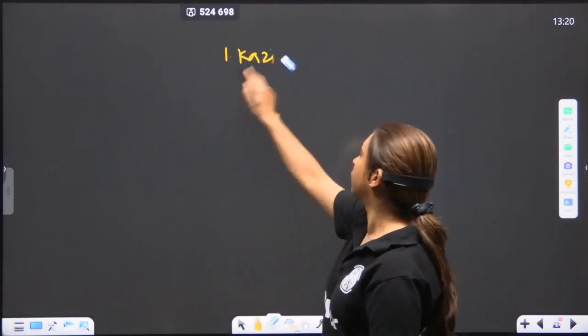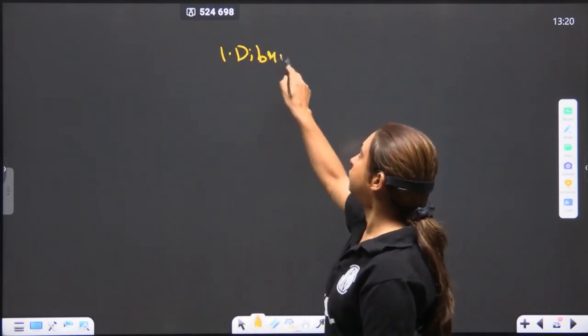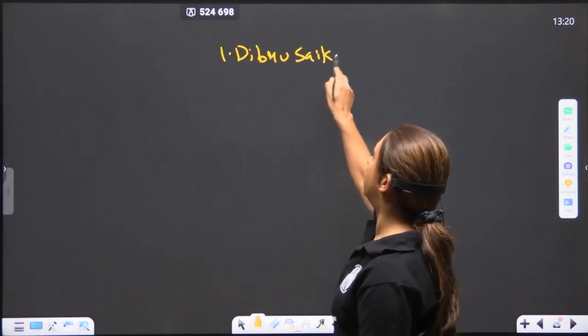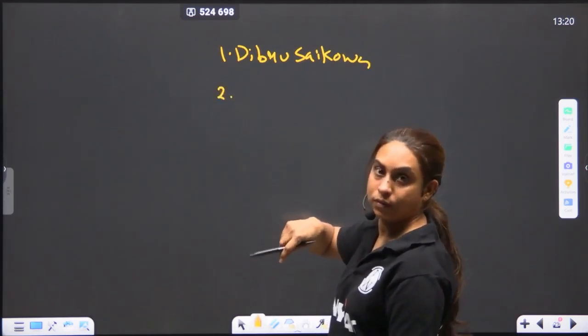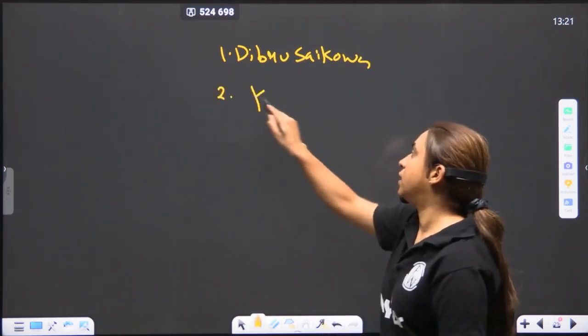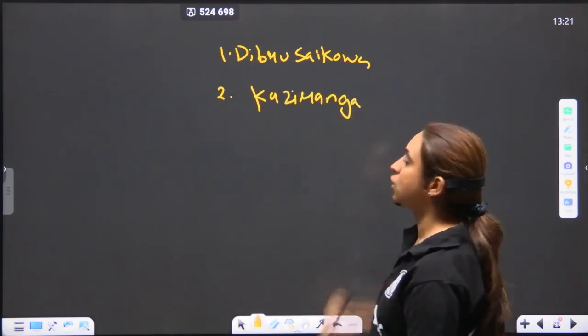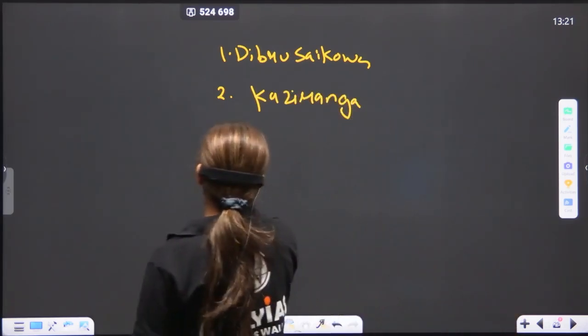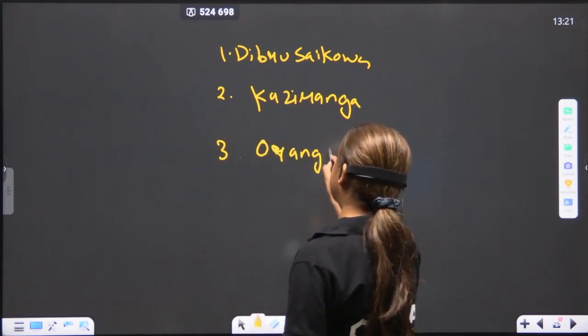What we have done: Kaziranga, or let's do it like this. We have done Kaziranga. We have done Orang National Park.